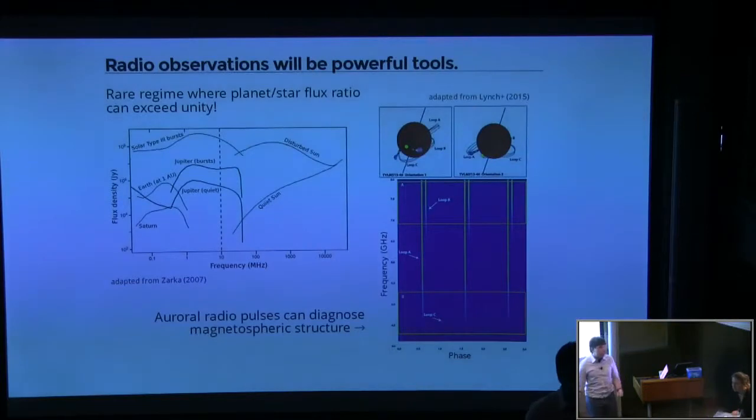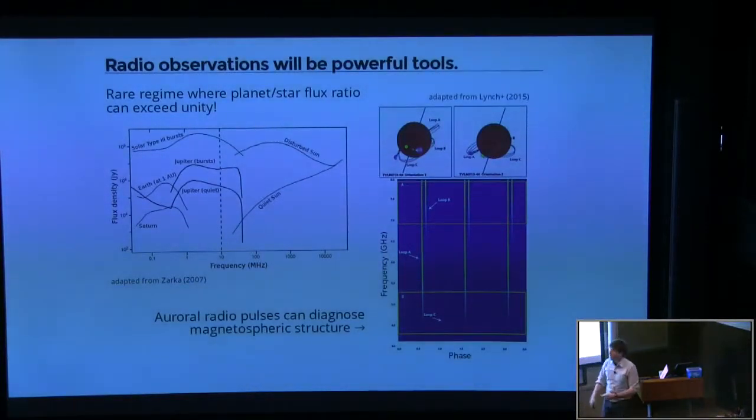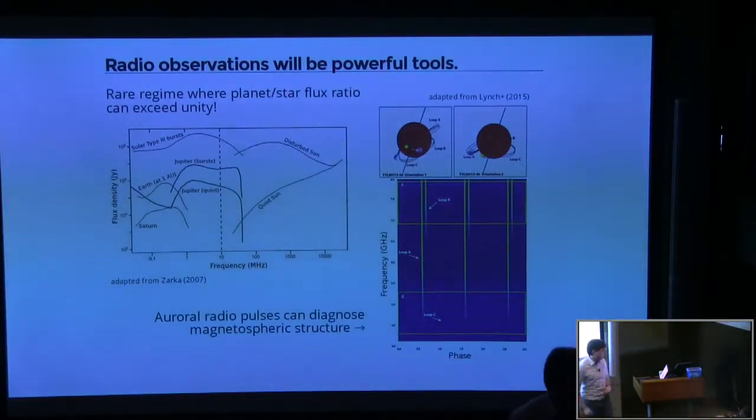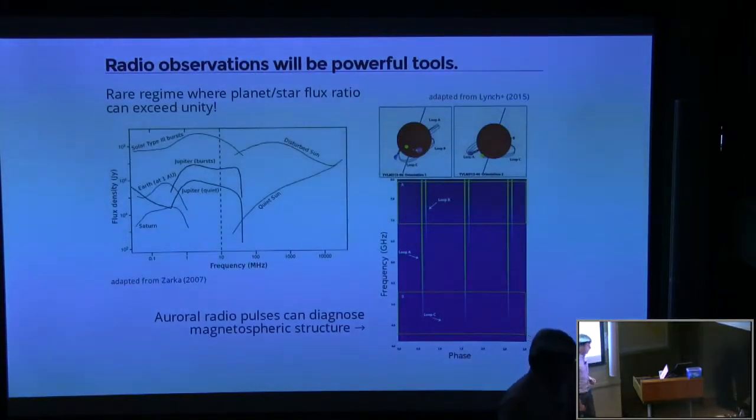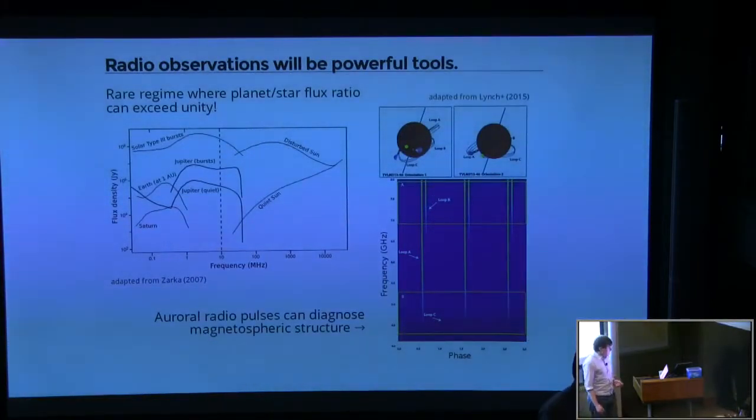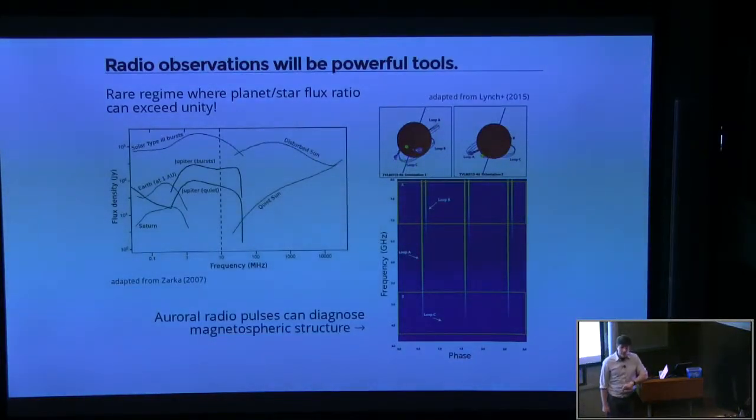So basically, your temporal resolution can become spatial resolution, and you can learn about the magnetic field structure of the planet itself. Now, we can't actually detect exoplanetary magnetic fields through radio, or as far as I know, any other direct means yet.